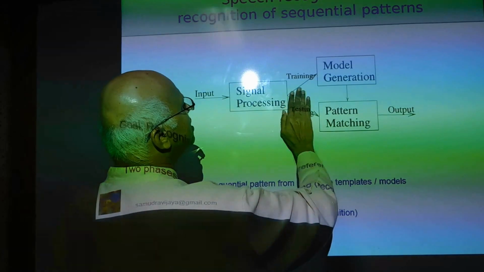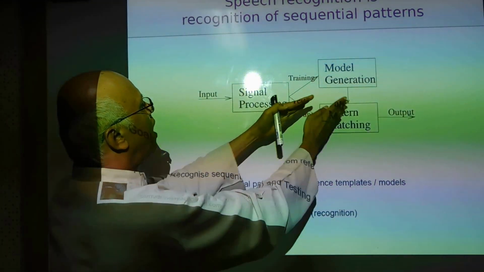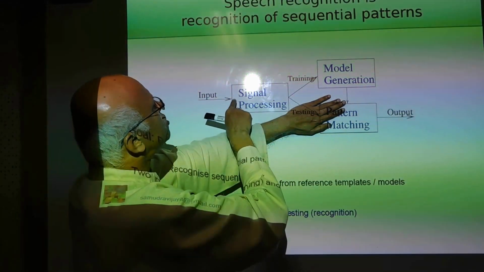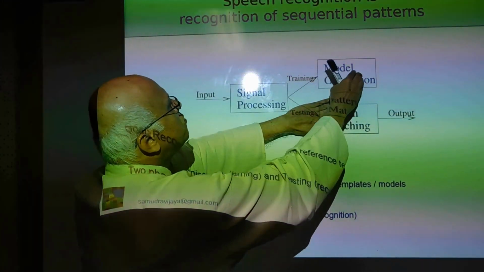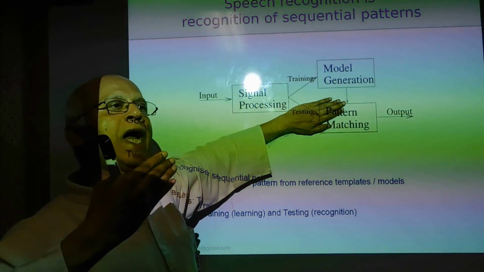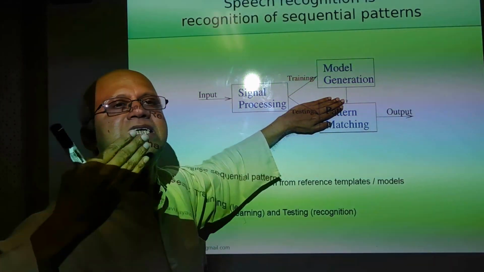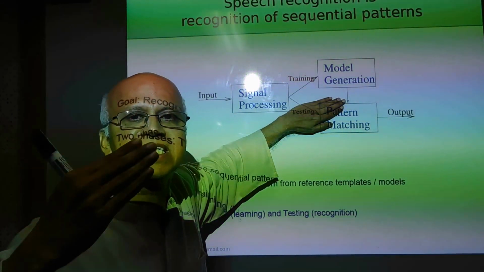This is the so-called training phase, where the system is taught. It is like teaching in a class. The system is taught the properties of the various speech sounds, and it estimates the parameters of the mathematical models representing the speech sound.